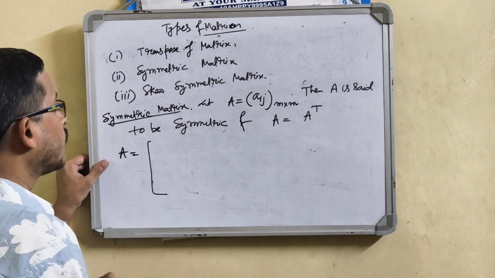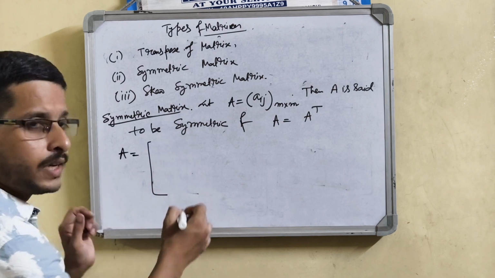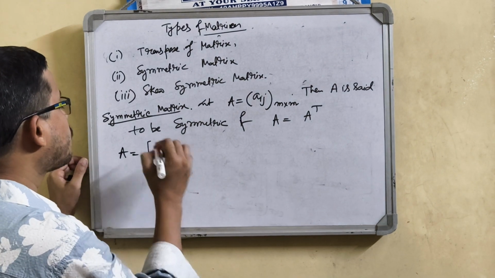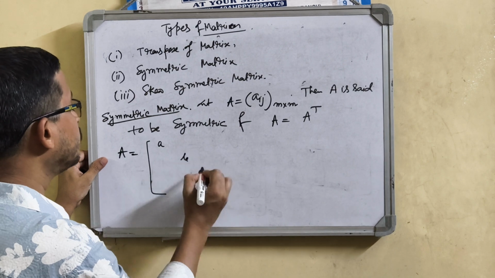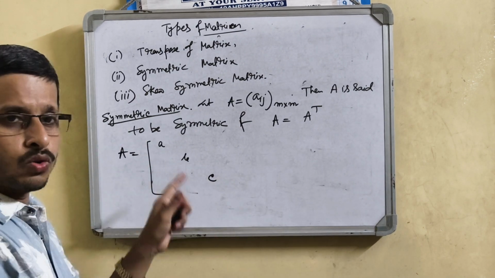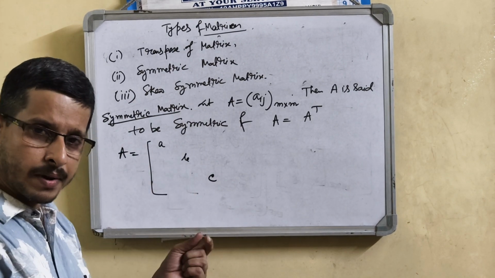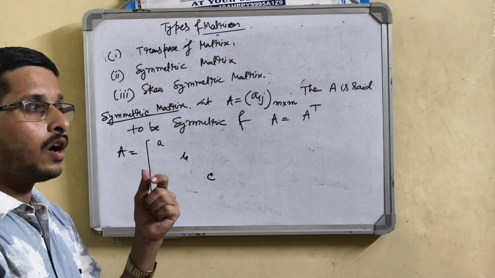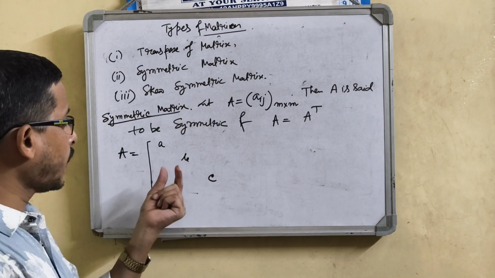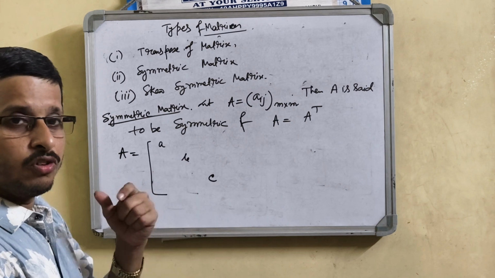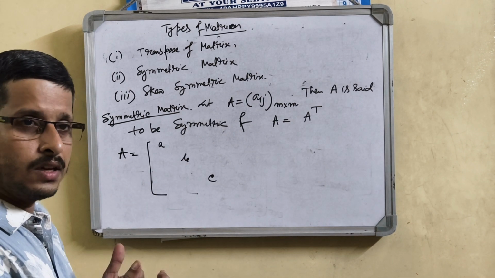We have to write down the matrix first, with the diagonal members A, B, C. This is the technique to write a symmetric matrix, and it is easy to understand whether a matrix is symmetric by viewing it, without taking the transpose.